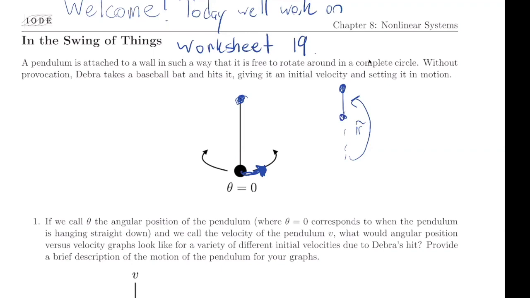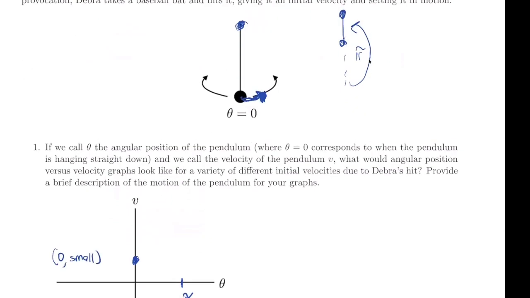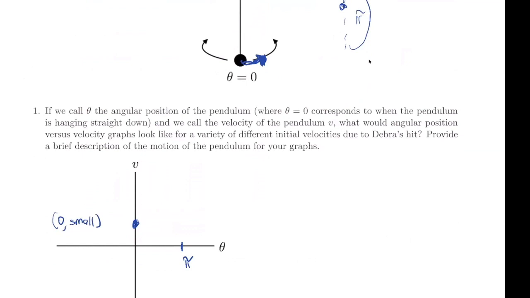It's just going to rock back and forth as time goes on. It'll be a positive angle, then a negative angle. We might get some behavior that looks like this. The velocity is changing and the angle is changing, but it's not going any further than pi, or any further to the left than minus pi. It's just rocking back and forth.